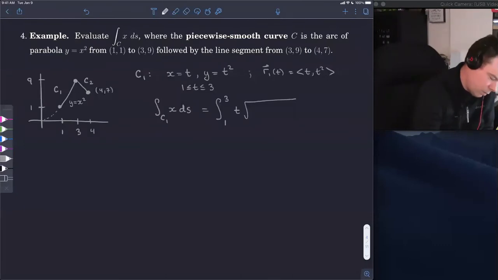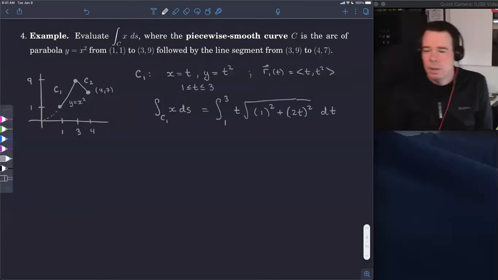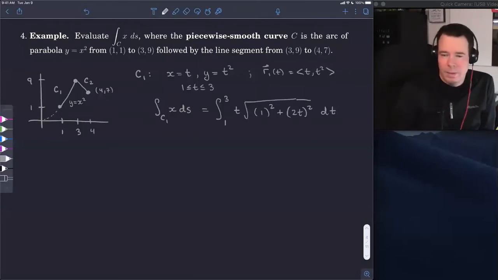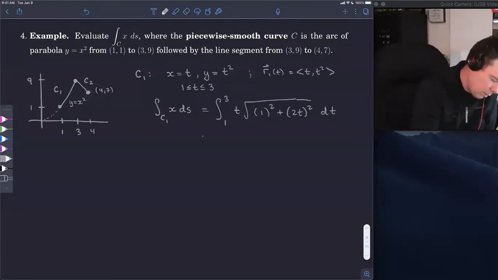So that is going to be the square root of dx/dt, which is 1, squared, plus dy/dt, which is 2t, squared, and that's dt. So that's the integral we want to evaluate. Now we're back into the realm of Calculus 2, where we've got an integral of a single variable. So we'll just continue on a little bit to clean it up. That becomes the integral from 1 to 3 of t times the square root of 1 plus 4t squared dt.